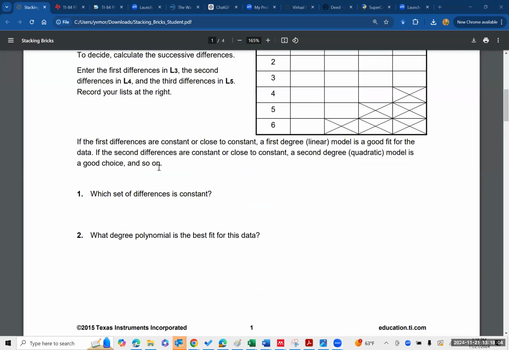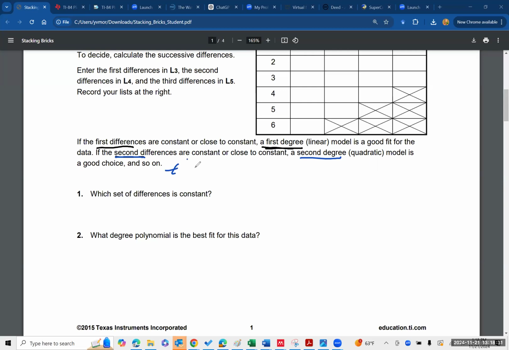If the first differences are the same, then we have a first degree polynomial, which is the line. If the second differences are the same, then it's a second degree. So then it says and so on, right?